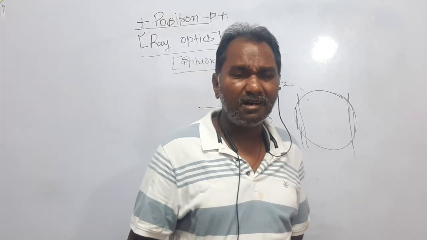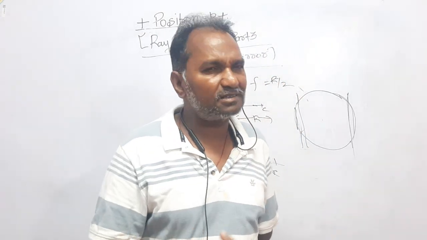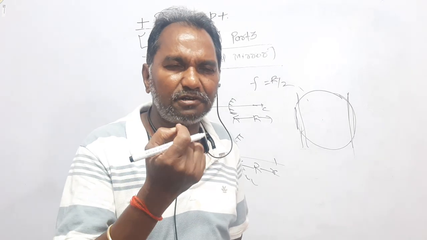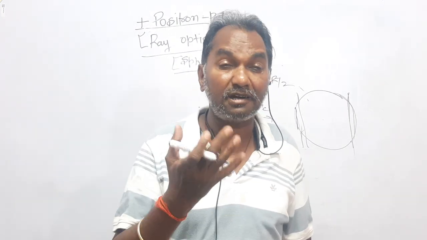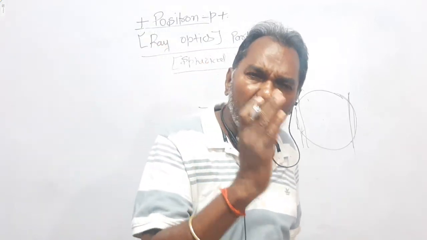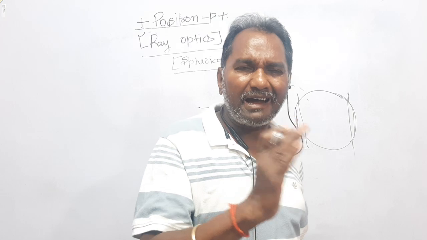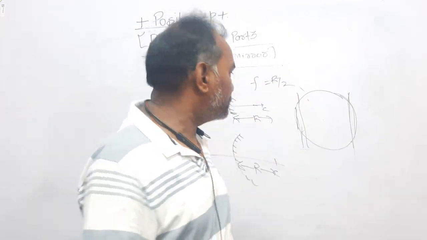And dear students, the position of the image depends on the focal length or radius of curvature. It does not depend on the size of the mirror, whether the aperture is bigger or smaller. The aperture decides the intensity of the image created.